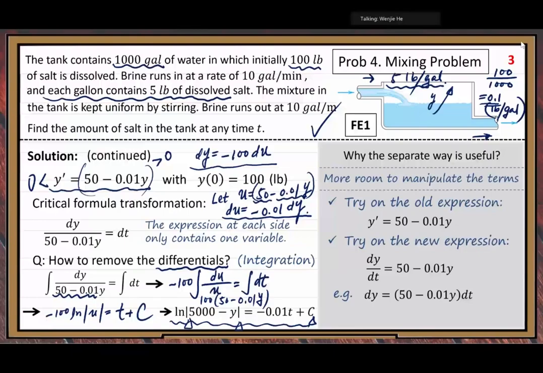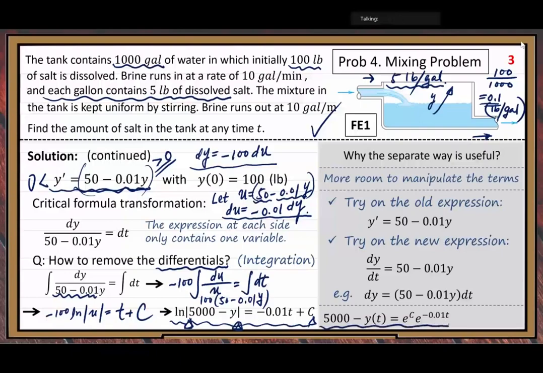Then this 50 minus 0.01y should always be positive. If it's always positive, that means we can remove the absolute value directly. We do not need to keep two possible cases. Here we only have one possible case. So the final solution is this one.